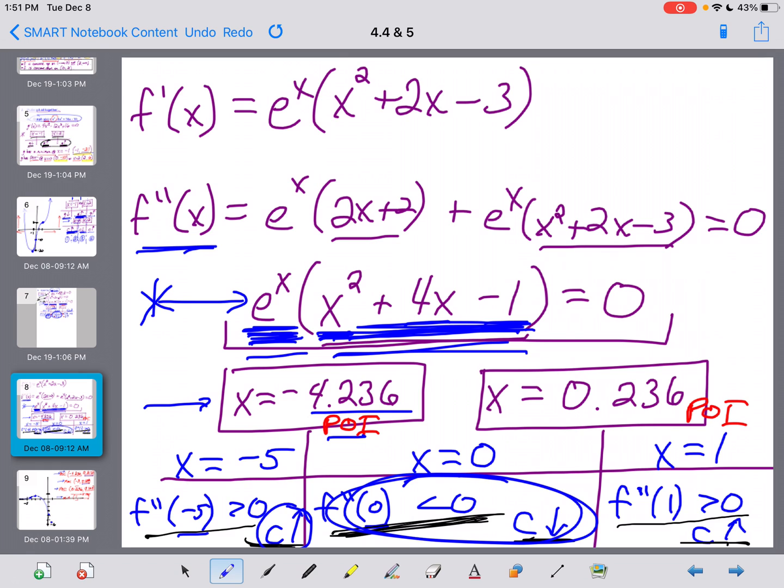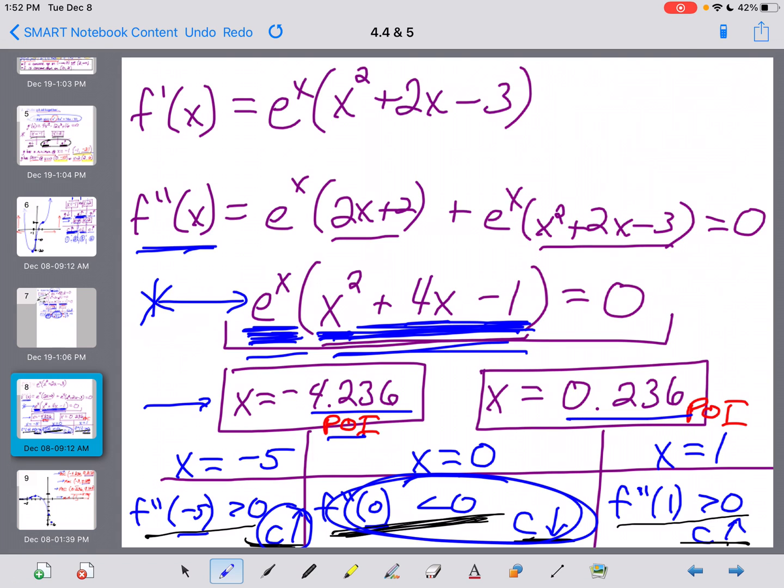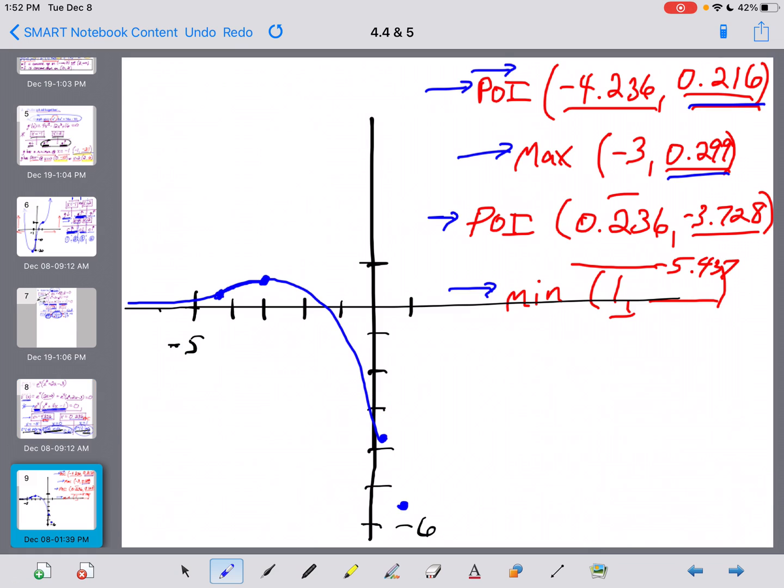Yeah, now we have passed x equals 0.236, this one right here. So we're into this last interval of concavity here. So our function is decreasing and concave up to connect these 2 points. So decreasing but concave up is going to look something like that.